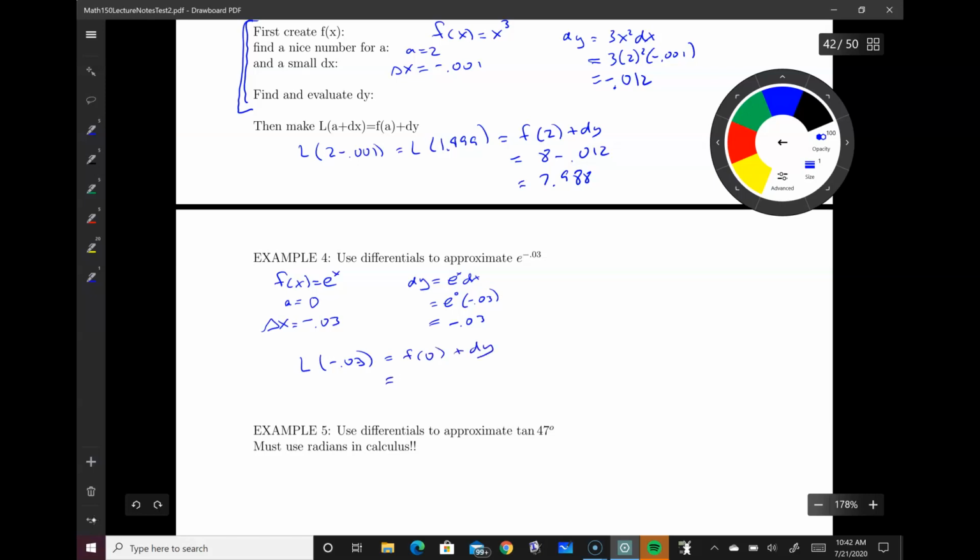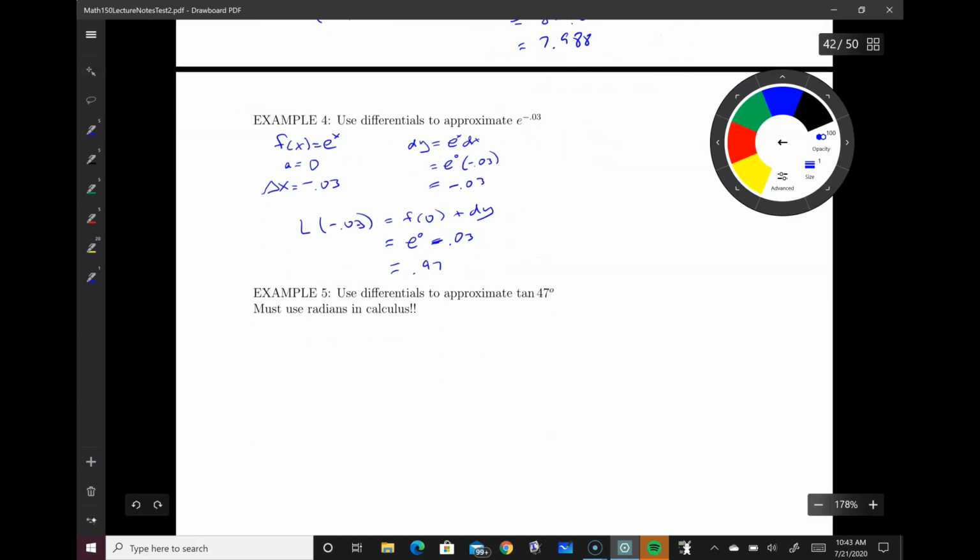So f of 0, using the function at 0, that's e to the 0. Let's put it in there for effect so you know what I'm doing. And then minus 0.03. So that's 1 minus 0.03. And that gives us 0.97.